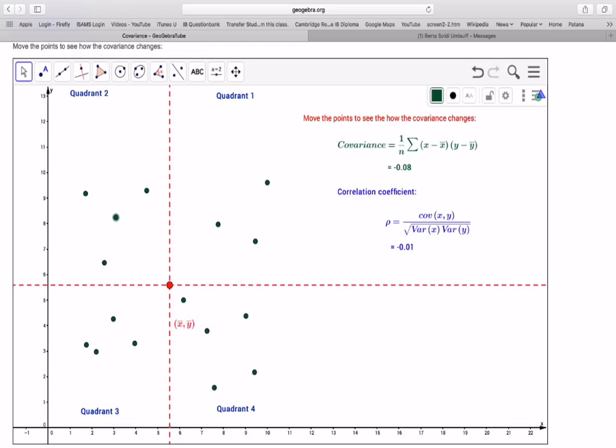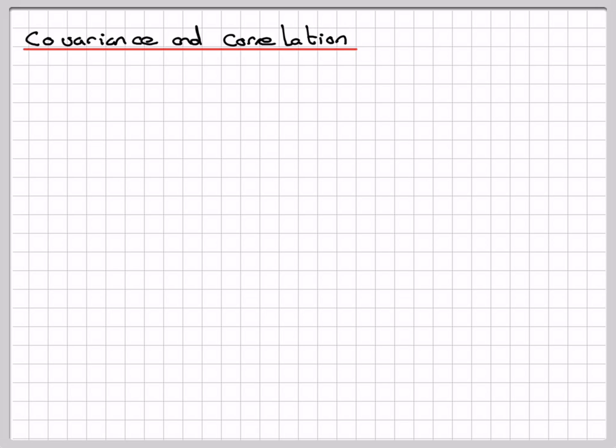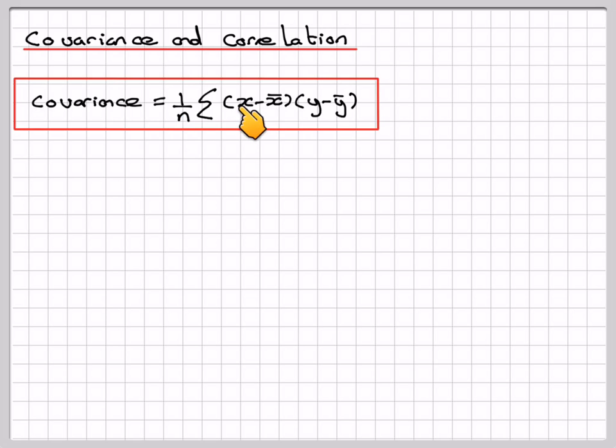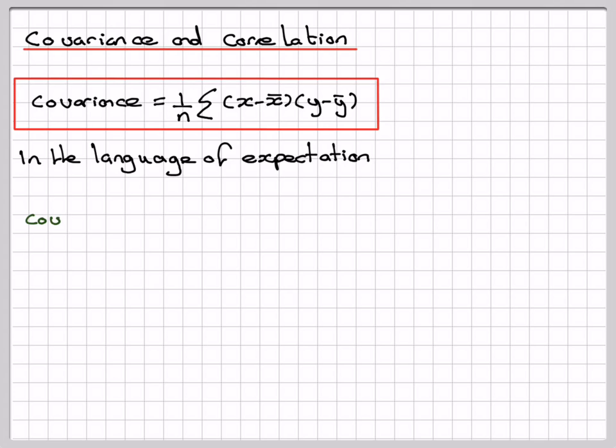Okay, we're going to go back now and look at some formulae. The covariance is equal to the mean of the product of how far each x point and y point is away from the mean. If you write it in the language of expectation, it becomes this.